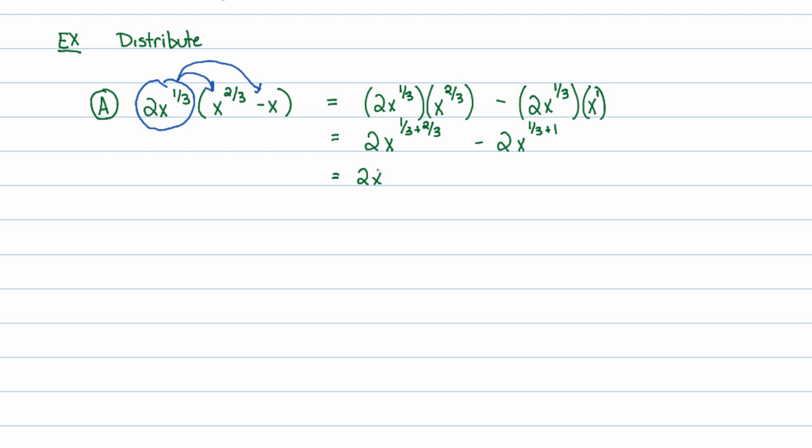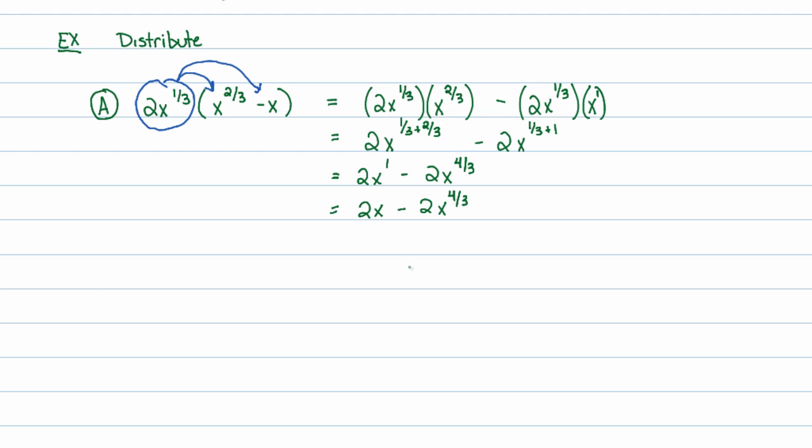This is 2 times x to the 3/3, or first. And this will be 2x to the 4/3 once you add those fractions. One last little step here. A lot of people don't like to have ones on their exponents. The 1 is already assumed, so it'll just be 2x minus 2x to the 4/3 power. That's it for that one.